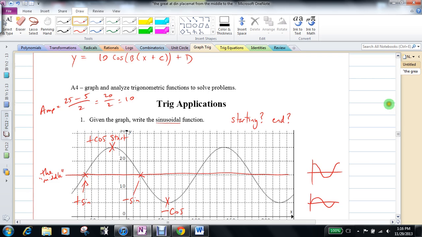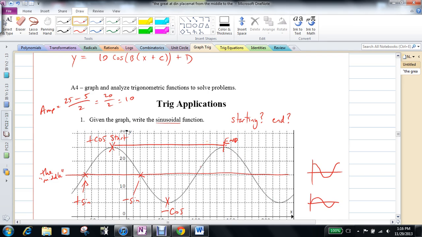My b value is related with my period. If this is the starting of my cosine curve, when am I ending my cosine curve? And hopefully you're saying right here. If this is my start, then this is my end, because that's where my curve starts to repeat. It starts to do the same type of travel that it was doing before.